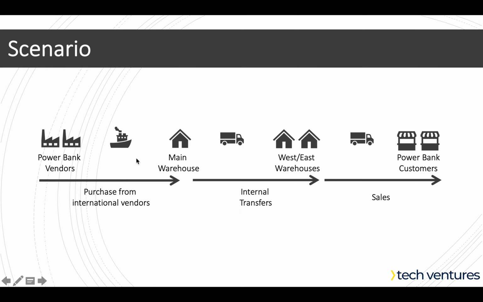Just for your information, today we're not going to cover the sales side of this process, because landed cost is not on the sales side. Landed cost is usually on the internal transfers or the procurement side. Landed cost is usually used to capitalize your transportation or insurance or different kinds of cost directly into your inventory, so it becomes your balance sheet item.